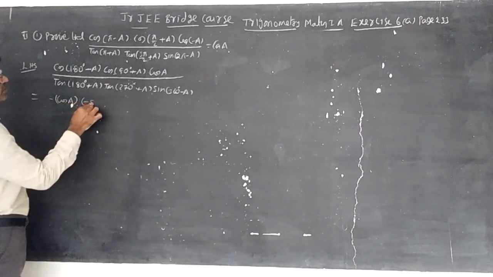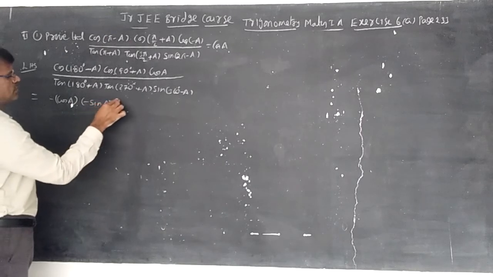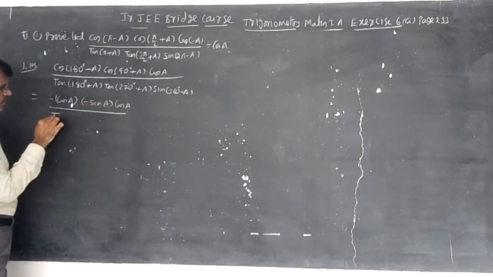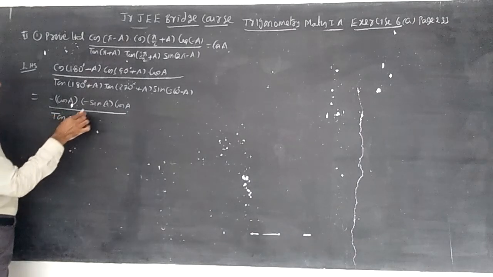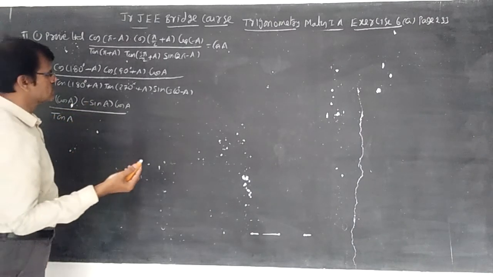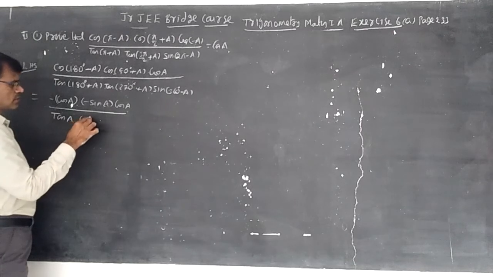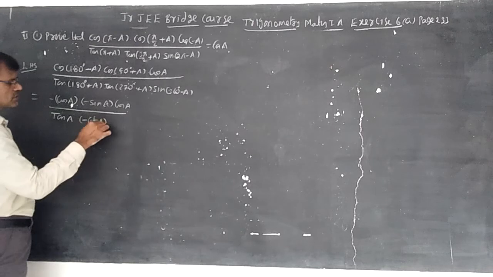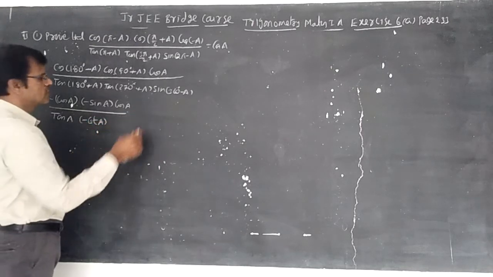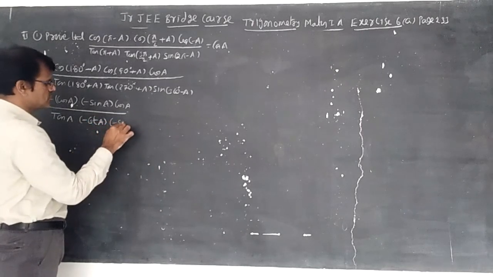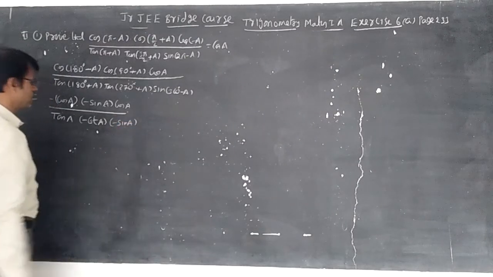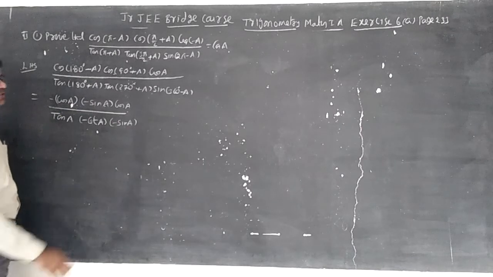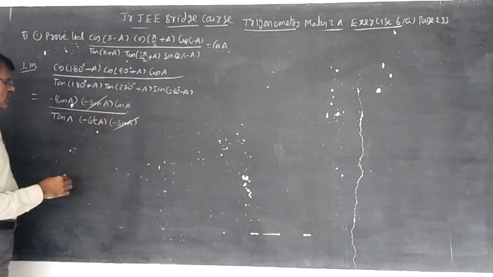Into cos 90 plus A, meaning minus sin A, into cos A, whole by tan 180 plus theta, which is tan theta. Tan 270 plus A is in the fourth quadrant, where tan is negative and the function changes to cot, so minus cot A, into sin of 360 minus A, which is minus sin A. Minus of minus becomes positive, and sin A and sin A get cancelled.